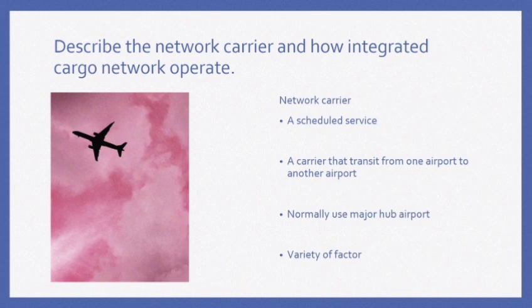And then it is a carrier that goes from one airport to another airport, like Malaysia to Dubai. They normally use a major hub airport, especially for long haul flights, for long journeys, because it is easier for them.